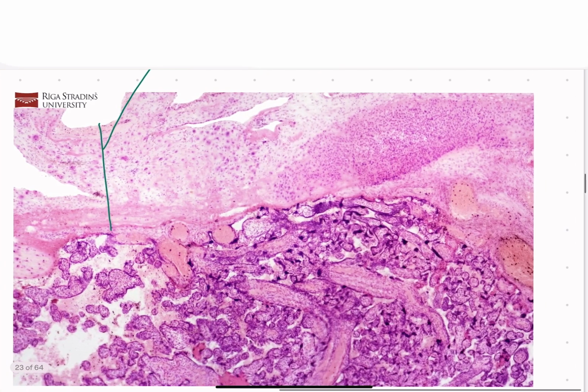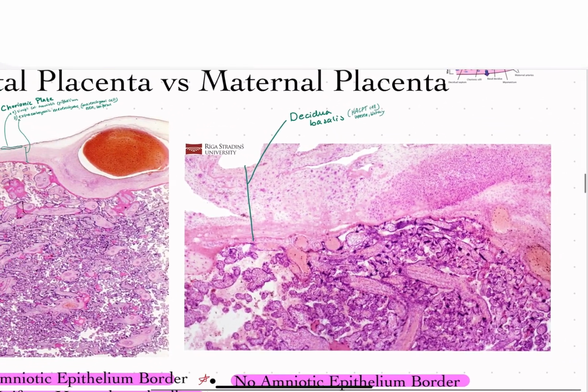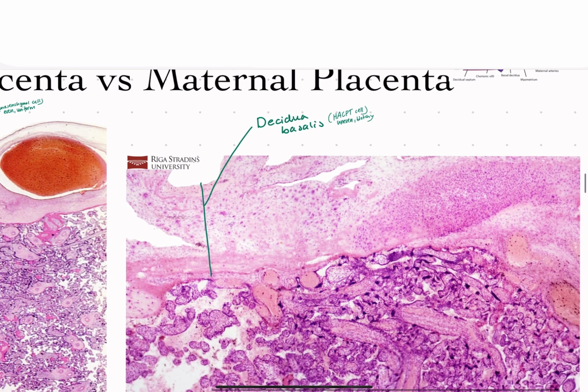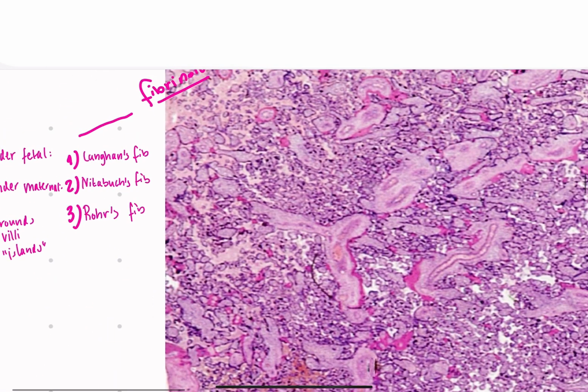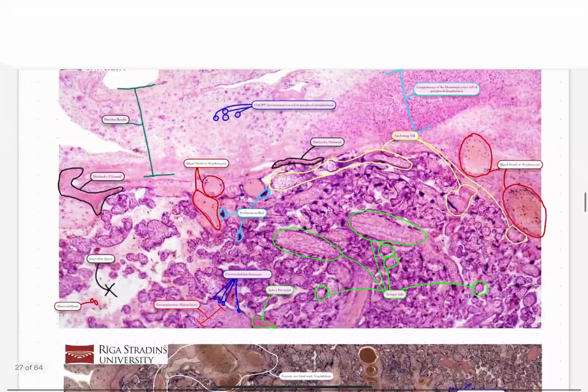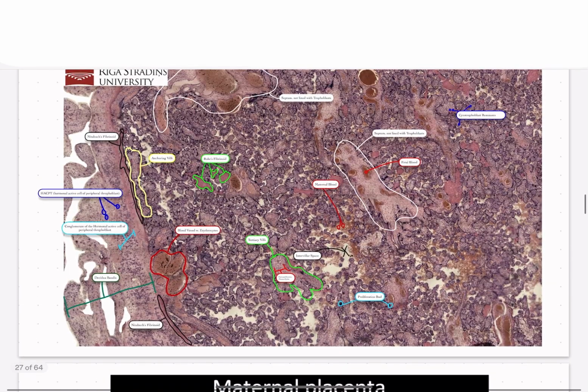While underneath the maternal area, it's not as visible here, but imagine that you see a lot more dark pink than you actually do. This and this would be known as the Nitabuchs fibrinoid. We can see another example of it if we look at the maternal part here.